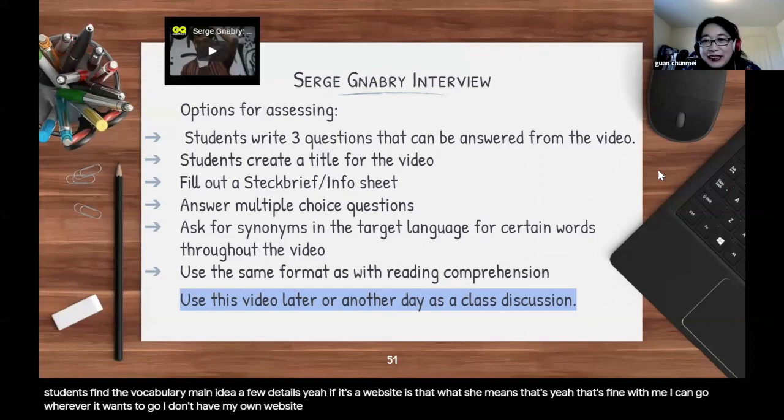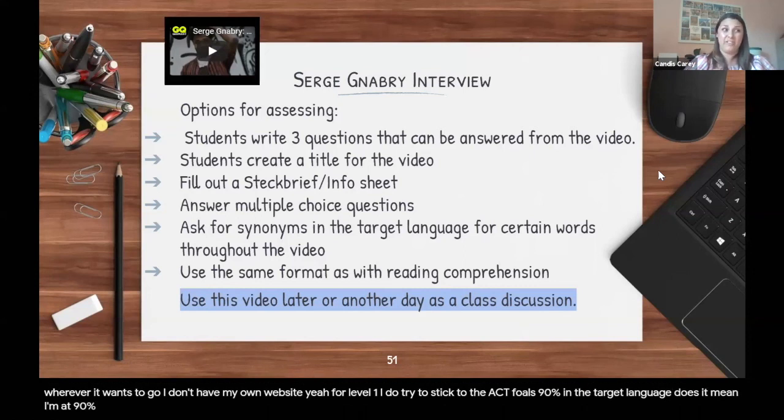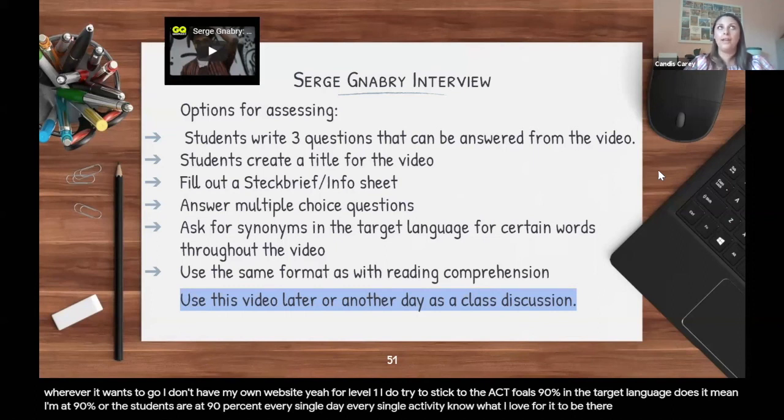Okay. And another question, what percentage were you using in target language for level 1 discussion you mentioned? Yeah, for level 1, I do try to stick to ACTFL's 90% in the target language. Does it mean I'm at 90% or the students are at 90% every single day, every single activity? No. Would I love for it to be there? Yes.